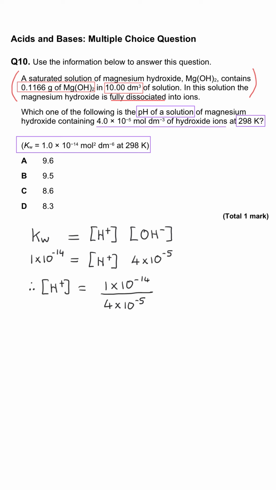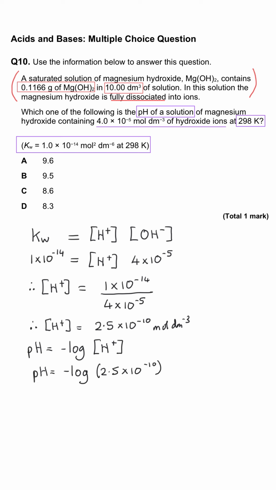Therefore, the hydrogen ion concentration is 1 times 10 to the minus 14 divided by 4 times 10 to the minus 5, which gives us a value of 2.5 times 10 to the minus 10. And since pH is negative log 10 of the hydrogen ion concentration, we need to do negative log 10 of 2.5 times 10 to the minus 10, and that gets us a pH of 9.6. And so A is the correct answer.